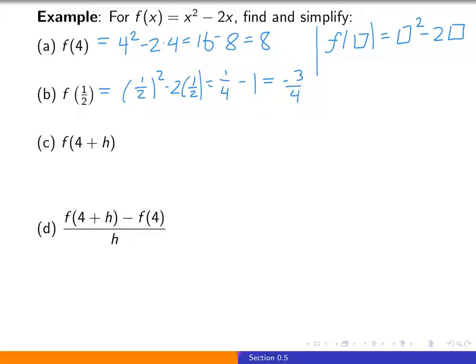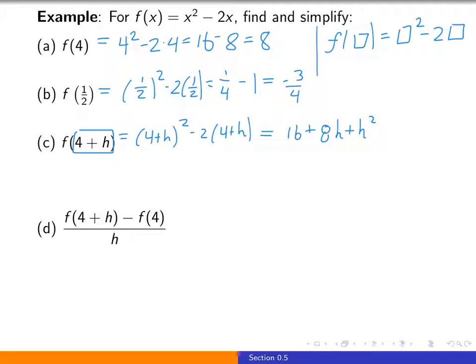So let's look at something just a touch different. f of 4 plus h. What we're plugging into our function, this blank box, is 4 plus h. So this will be 4 plus h going into that first blank box, squared, minus 2 times 4 plus h. So let's go ahead and expand out. 4 plus h quantity squared is 16 plus 8h plus h squared.